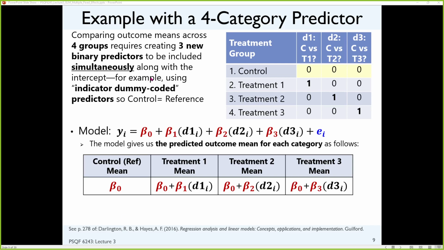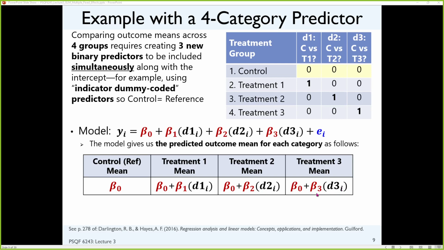Same exact idea for the treatment 2 mean and the treatment 3 mean. They each start with beta 0, and then they pick up the added effect of being in that separate group via the slope. So D2 kicks on to activate beta 2, and D3 kicks on to activate beta 3.